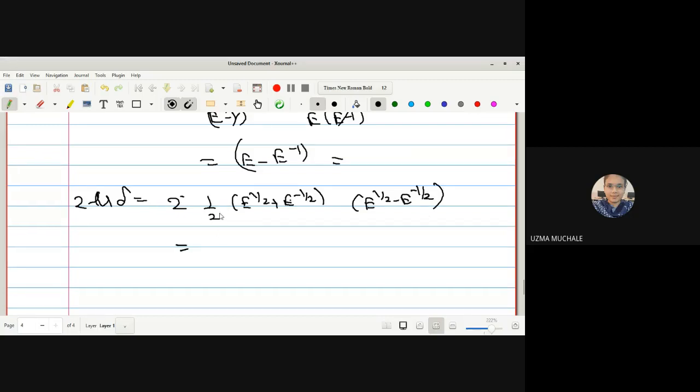The 2 gets cancelled. Just simply multiply these two. You will get a minus b, a plus b, that is e minus e raised to minus 1. From 1 and 2, we get LHS equal to RHS.